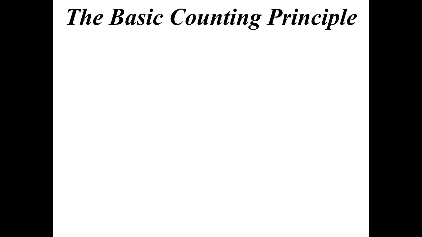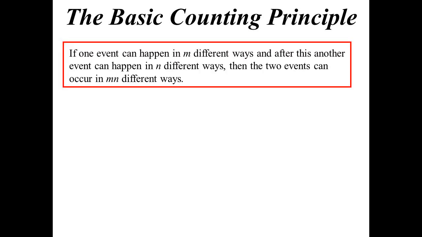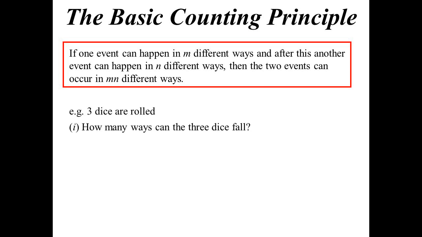So we start with this basic counting principle. So if you've got an event that can happen m different ways, and then after that you've got another event which can happen n different ways, well then the number of ways the two events can happen together is m times n. Basic idea. So if I've got 3 dice, I'm going to roll 3 dice. There's the question, well, how many ways can they fall?